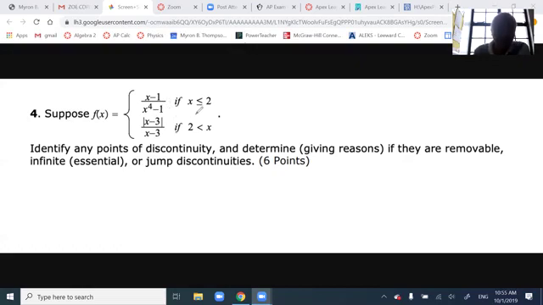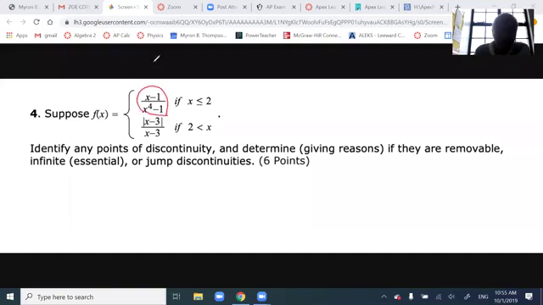First things first, we know that this function, you can write like this: x minus 1, and this one you can write as x.